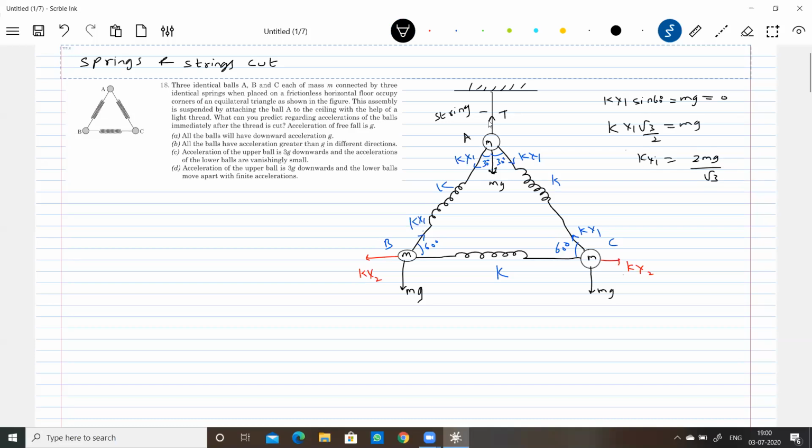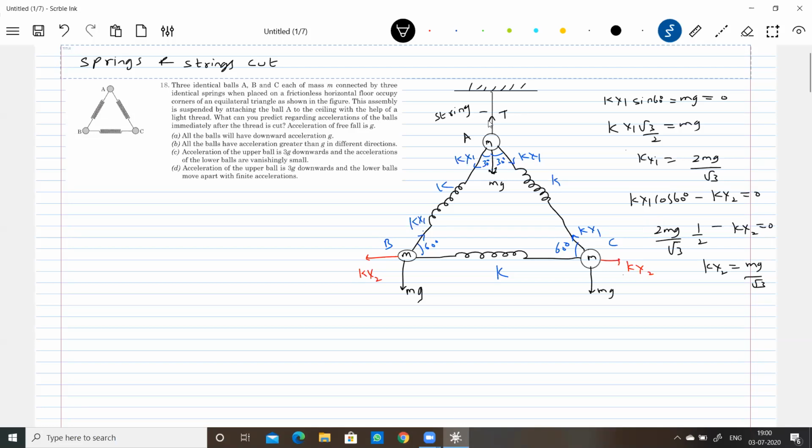And then what about kx2 along the x-axis? Kx1 cos 60 minus kx2 equal to 0. K gets cancelled, so this will be x1 by 2, or directly kx1, substituting the value 2mg by root 3, this will be 1 by 2. So kx2 equals mg by root 3.